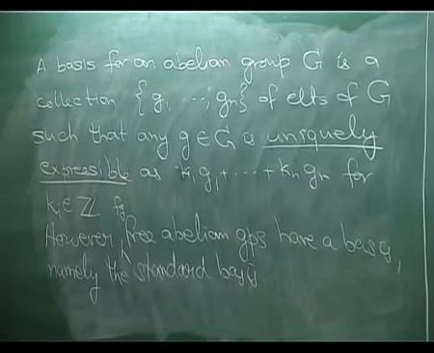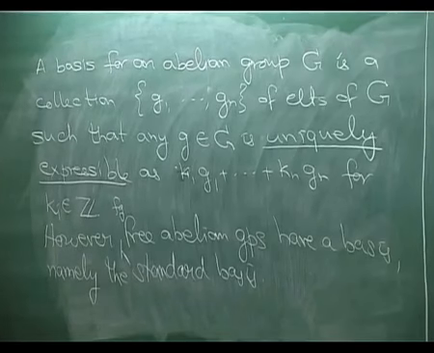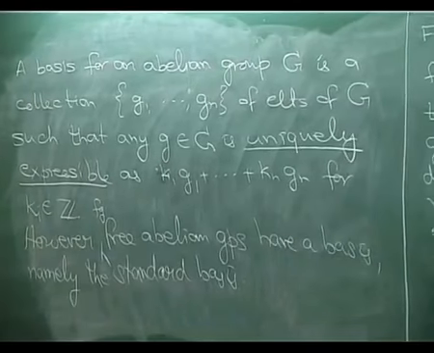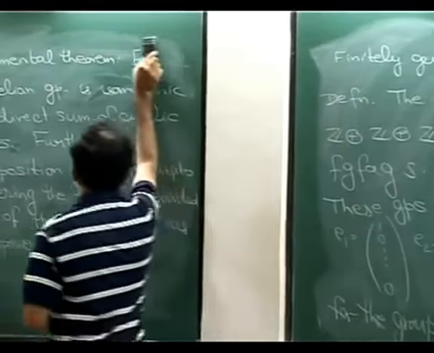But one must not think that that is the only basis they have. The standard basis is certainly a very useful and important basis for dealing with these groups Z^R, but it is by no means the only basis.